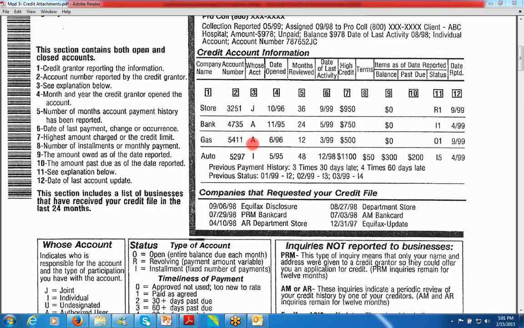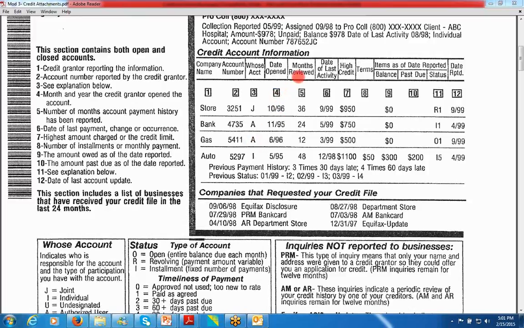Authorized user is if I got a credit card and I give my son a copy of the credit card and he can use it, they issue him a card, it'll show on his credit report that he's an authorized user on mine. Be careful, because if you're an authorized user on somebody's credit card and they don't pay on time, it's going to show up on your credit report looking like that. Okay, so you really want to take a look at your credit report and verify what's out there.